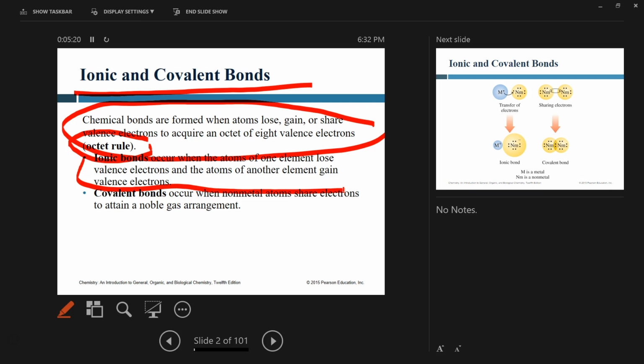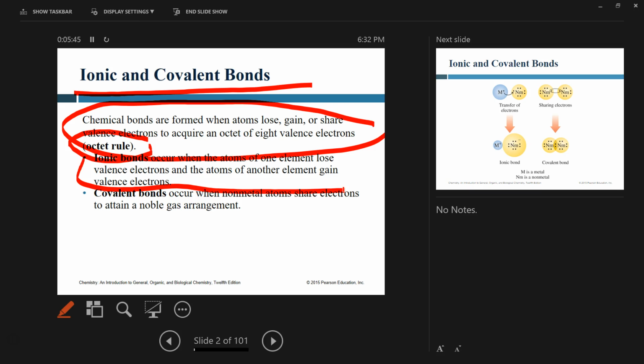Positive. It's the sodium ion plus 1, but it's happy because the outer shell is filled. Does that make sense? Let's talk about chlorine. How many electrons does it have in the outer shell? 7. How many electrons does it need to become, quote-unquote, happy? 1. It gets 1 electron. What's the charge?